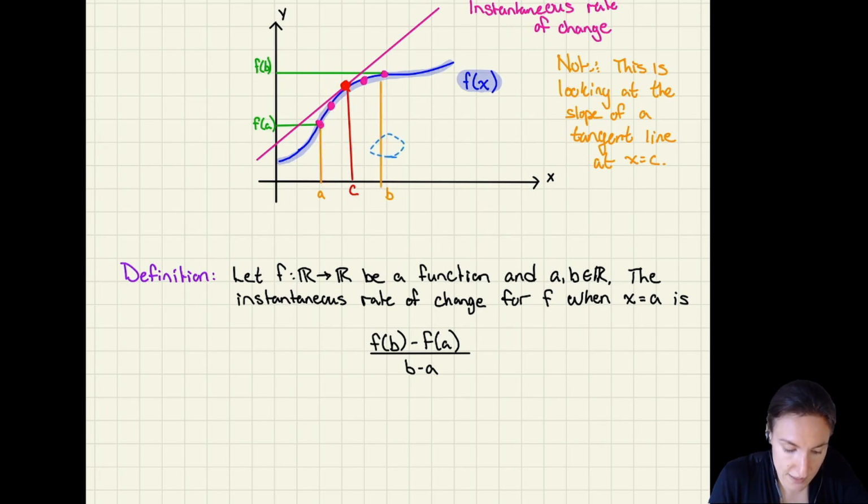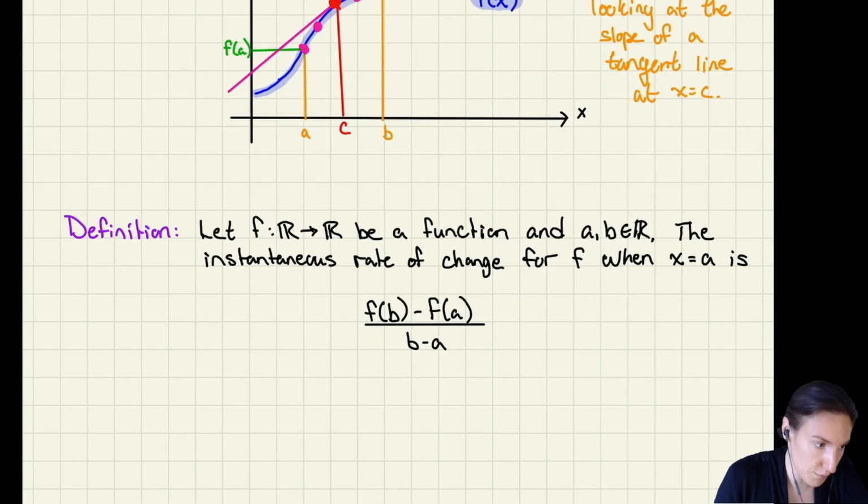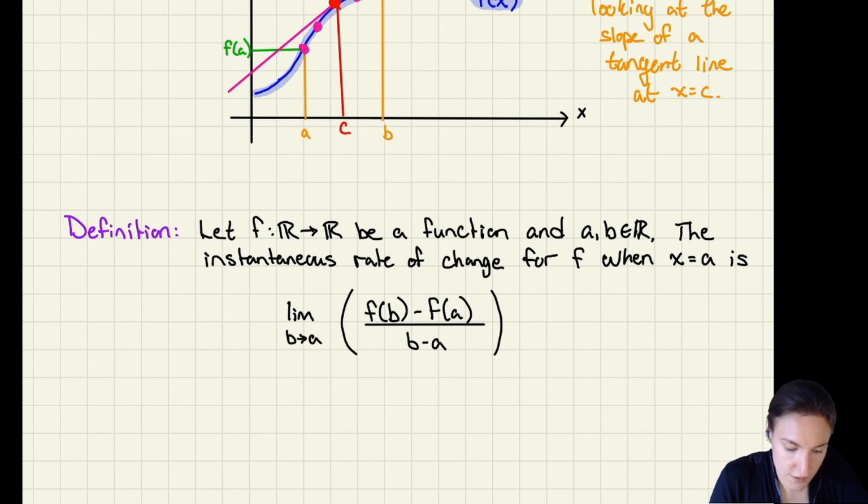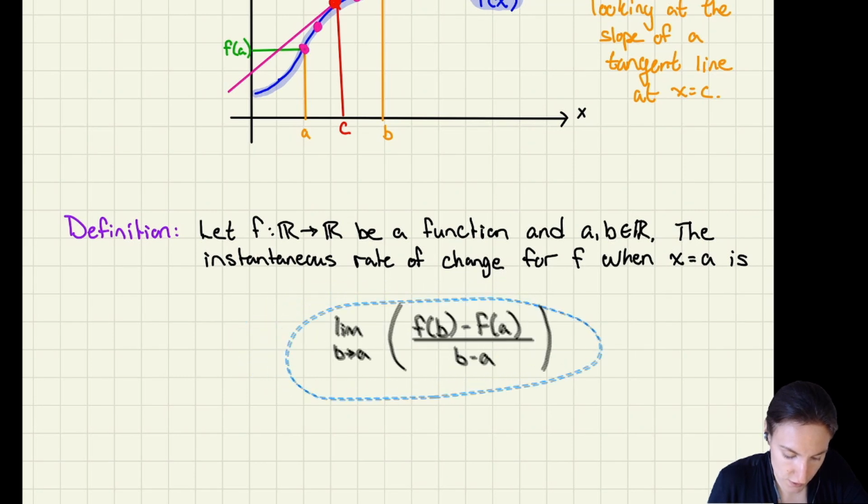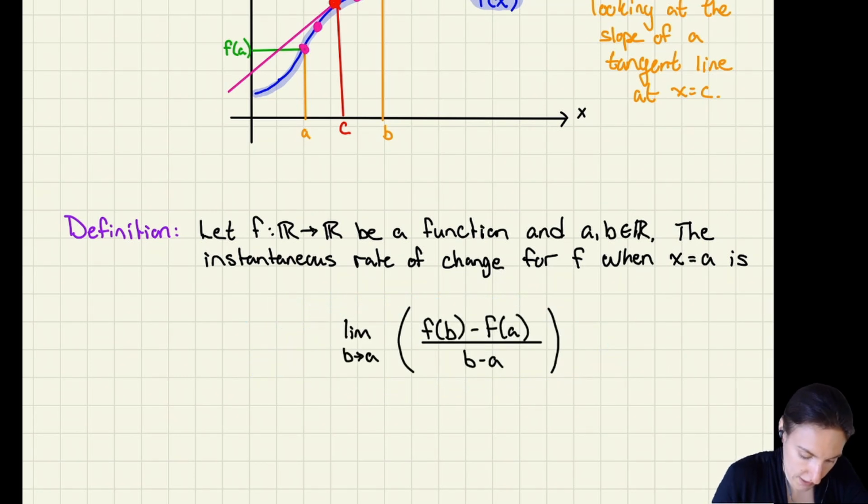So what is that? That can be described in calculus using a limit. If we take the limit as b approaches a of this whole thing, this is our instantaneous rate of change. We'll write this as instant rate of change.